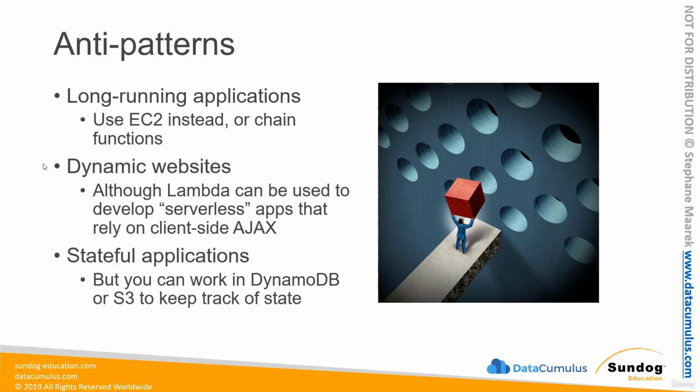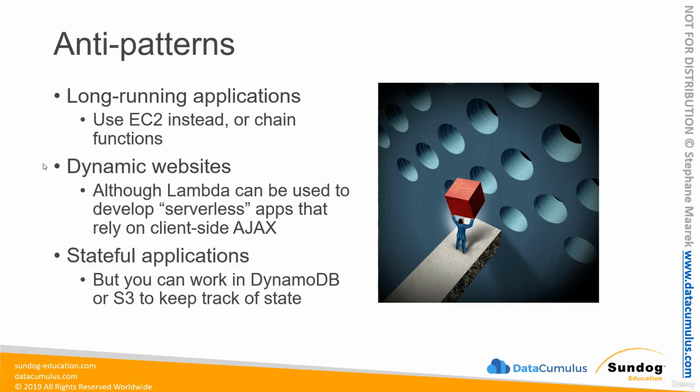Also, they say that Lambda is not a good choice for building dynamic websites. I kind of take issue with that because there's this whole world of serverless applications out there that depend on Lambda together with AJAX functions on the client side to construct websites that seem dynamic. But when they're talking about dynamic websites here, they're talking about systems that actually generate the entire HTML on the fly for an entire site.